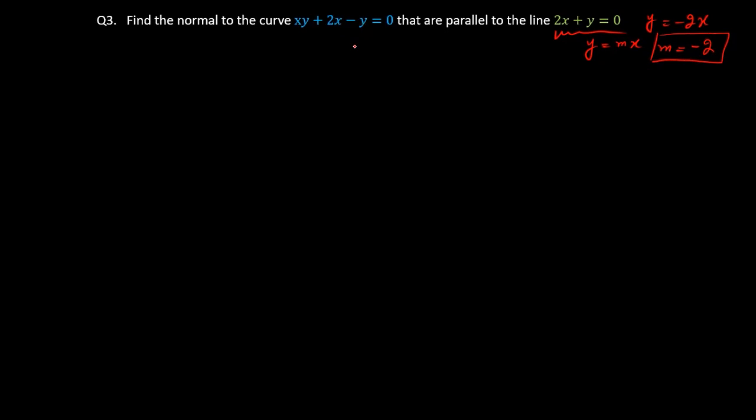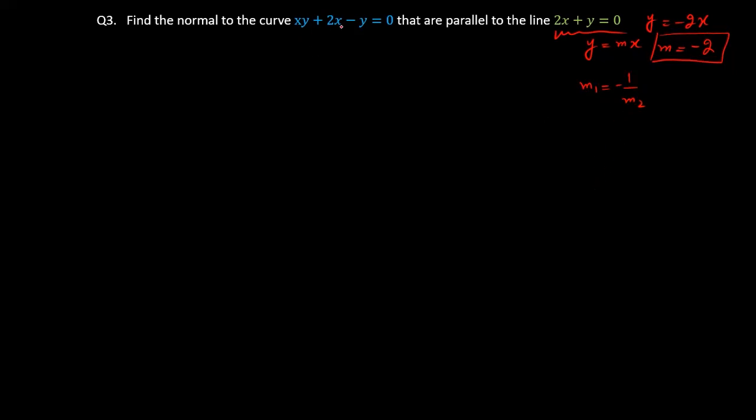Because the tangent line and the normal line are perpendicular to each other, we will use the fact that if m1 and m2 are slopes and lines are perpendicular, then m1 equals minus 1 over m2.